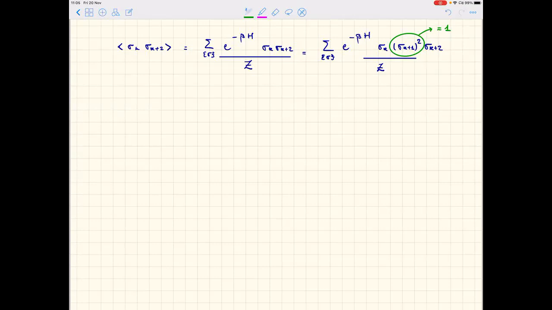And now you see that this is equal to the sum over sigma of e to the minus beta H, sigma k plus 1 times sigma k plus 1, sigma k plus 2, divided by Z. Now I take the derivatives, I do what I wanted to do, and so you see, that's how it works.